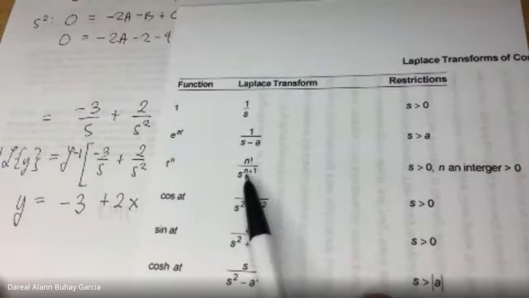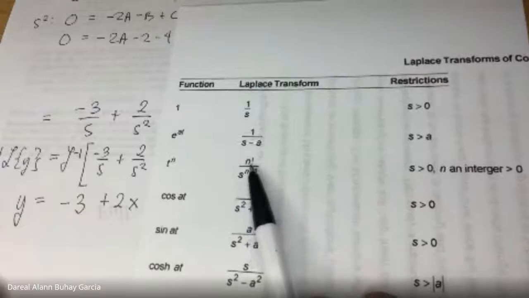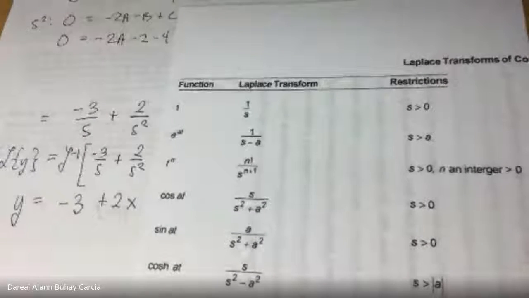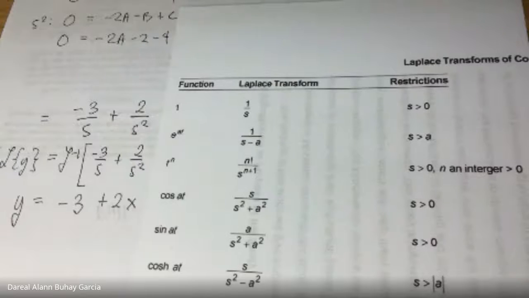If s cubed, n is 2. So, 2 factorial. What is 2 factorial? 2.